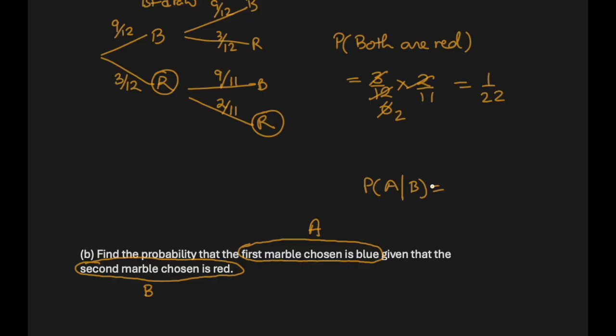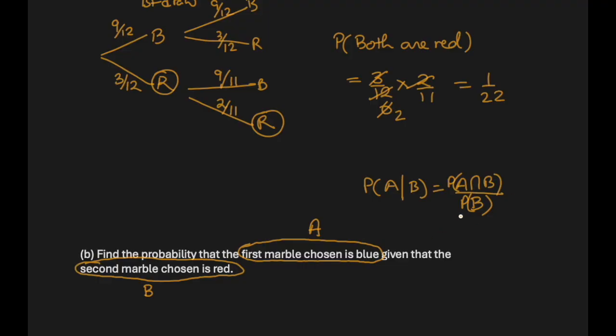According to conditional probability, it will be equal to A intersection B, that both the events happened, divided by the probability of the condition. So probability of A intersection B divided by probability of B. Yeah, this is what we do.